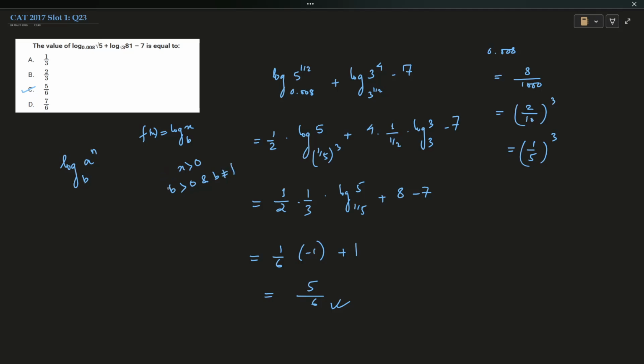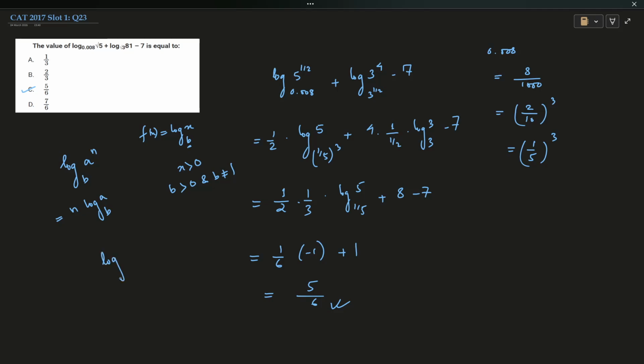This you have to know. This is the property of logarithm, the domain of logarithm. Okay, so x cannot be less than 0, and the base will always be positive, but it cannot be equal to 1 also. Alright, so here n will come outside, it will be log a base b.